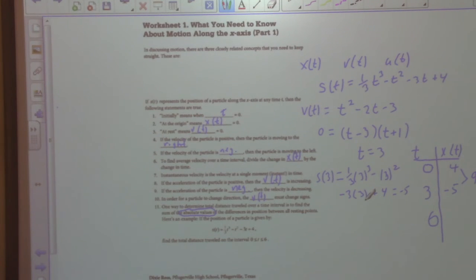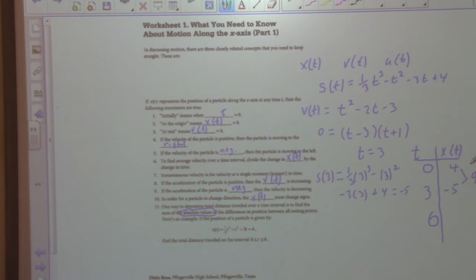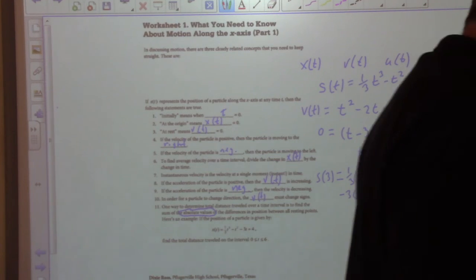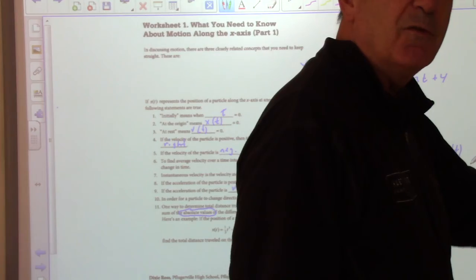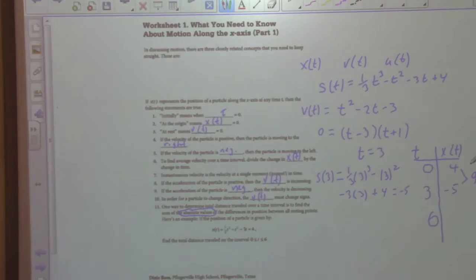And then if we plug in 6, we're going to see the remaining distance. But we know we started at x of t equals 4. So if this is a big number line, at t equals 0, I would be here at 4, and then I'd be backing up 9 units to -5. I traveled in a negative direction, but the total distance, of course, is positive because of absolute value.